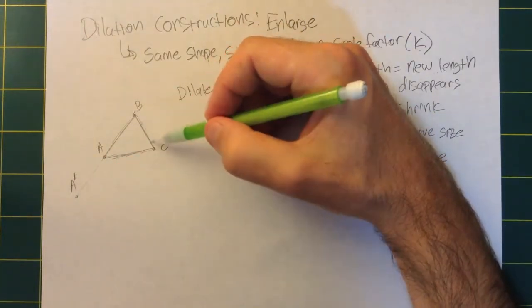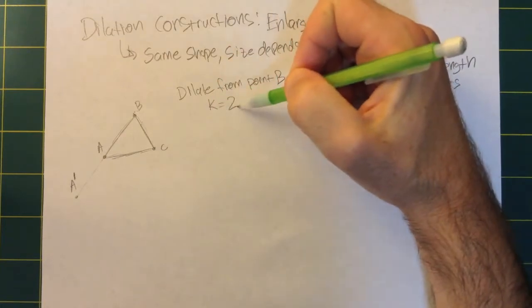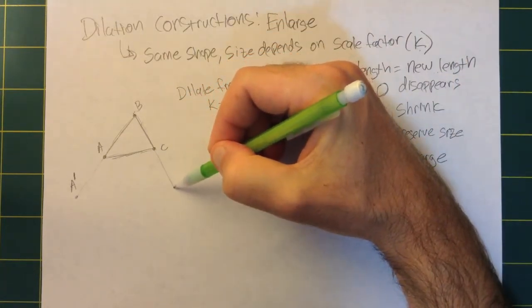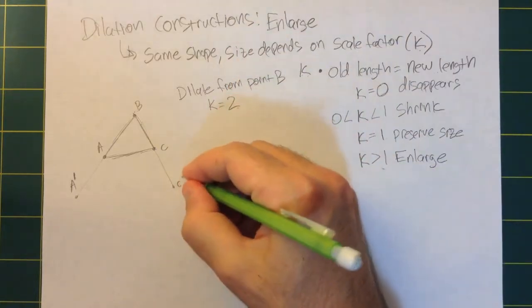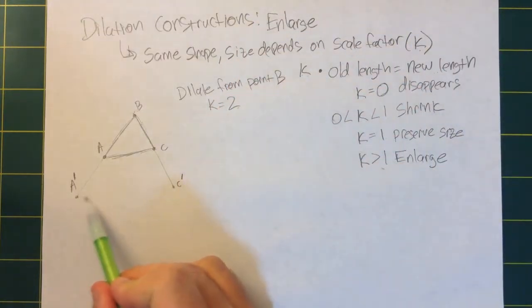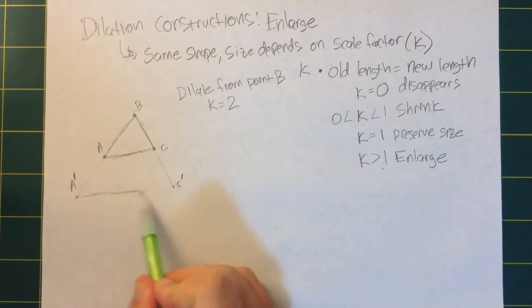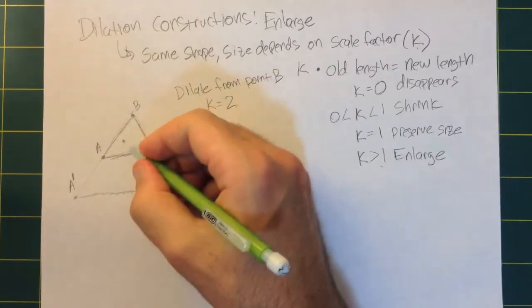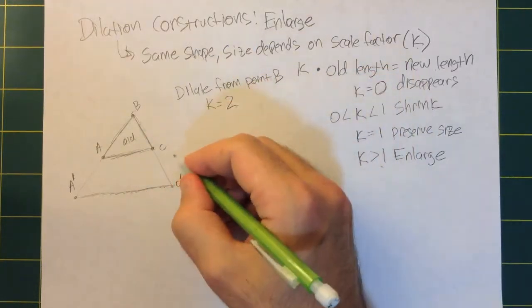However far it is from B to C, I need to double that because my scale factor is 2. So I go from B to C, and then I would double that, and I'd get to C prime, connect A prime to C prime.